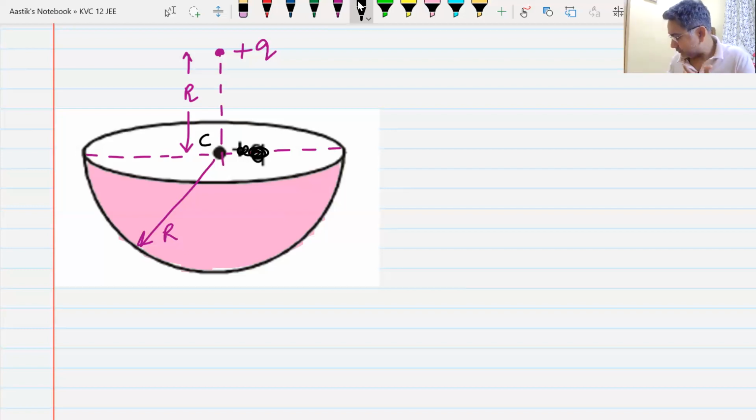Any idea? This is a question which may very likely come in your JEE. If they make a difficult JEE Advanced, this question can be a part of it. Shall I do it?